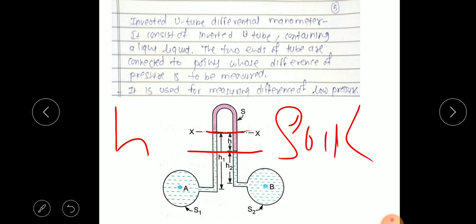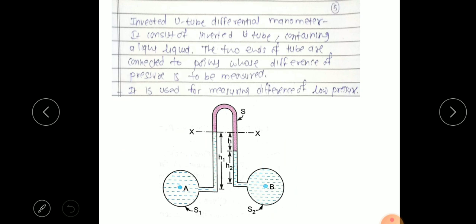H1 is the height below the x-axis line, from the center of pipe A, in the left column, and in the right column H2 is the height of the second fluid in B below the manometric fluid level. So again three terms are there. H is the difference in the manometric fluid level.